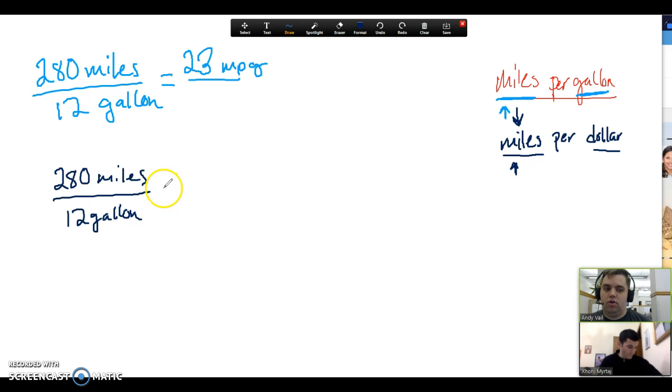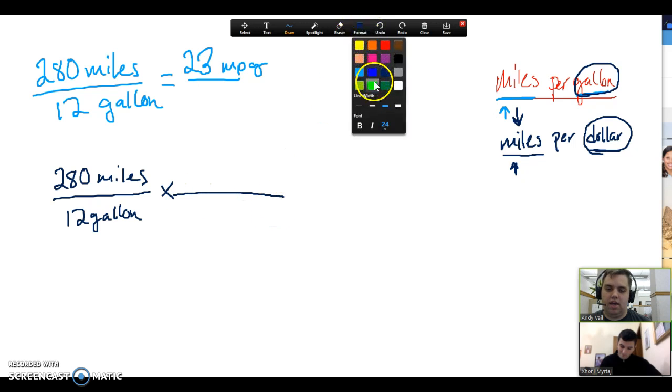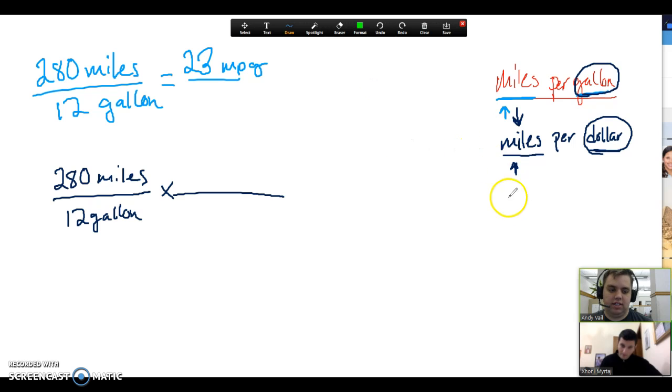But this time, we don't want to just stop at gallons, right? We want to stop at dollars. So we're going to multiply by another fraction. And this is where the big key takeaway for us is. If I want to get rid of gallons so it's not in my end result, I have to put it on the opposite side of the fraction.